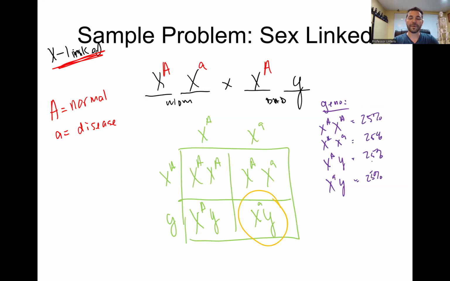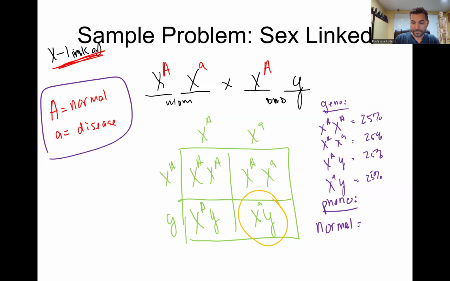But what are our phenotypic ratios? That would be normal, 75%. Disease, 25%.